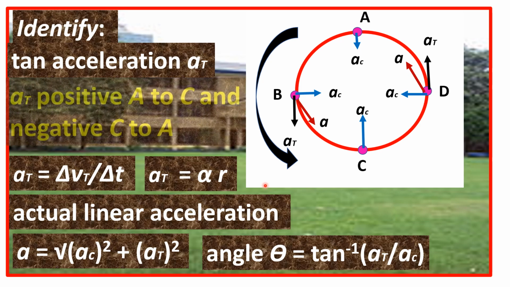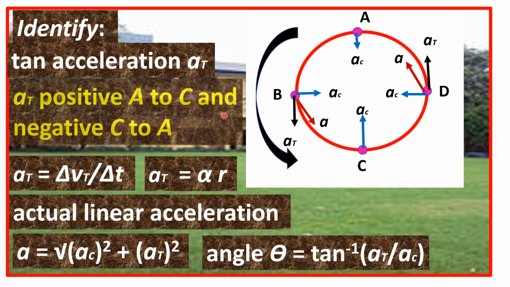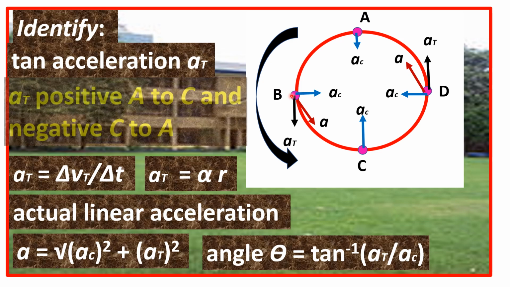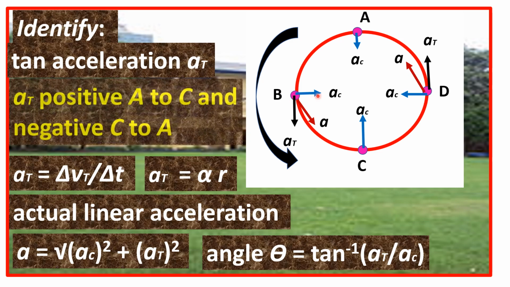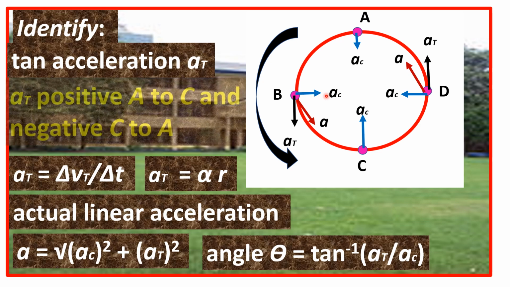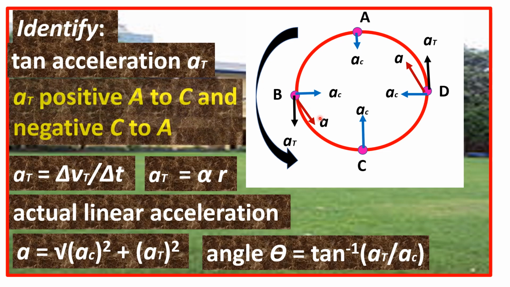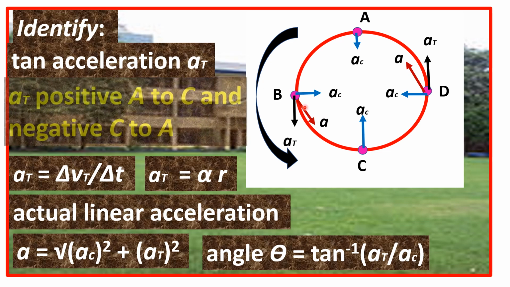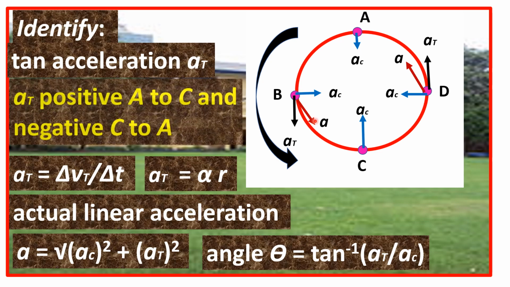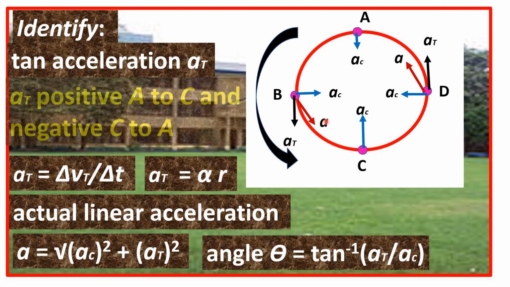So that's true for point B. When the ball is at point B, you will notice that the centripetal acceleration and the tangential acceleration are perpendicular. And so if you add them vectorially, we will get the vector sum represented here by this diagonal arrow labeled as acceleration A, whose magnitude, as mentioned earlier, can be determined using the Pythagorean formula.